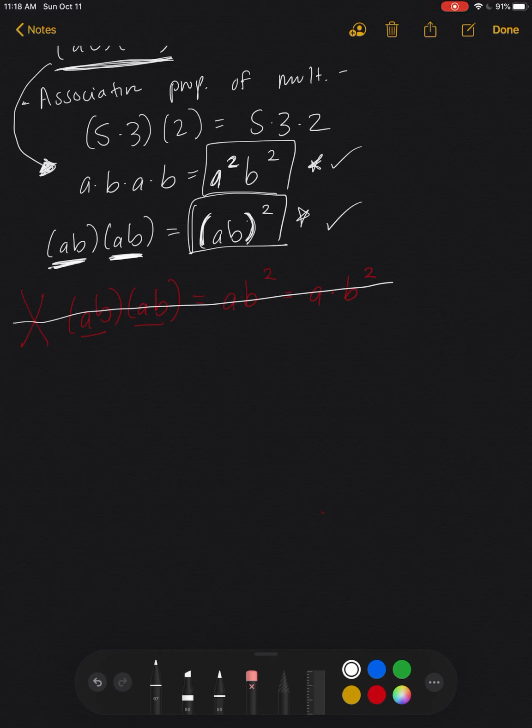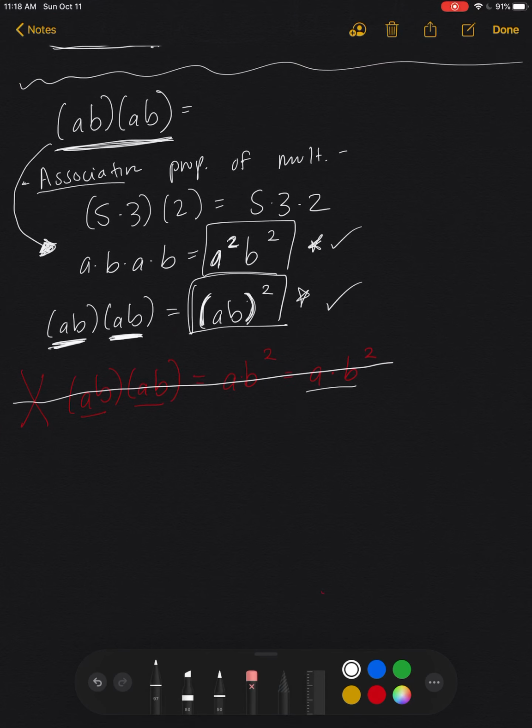Up here you can see it's A squared times B squared. This one is just A times B squared. This is not the same thing. This is the wrong way. So those parentheses, you have to really pay attention to them. That's why sometimes I just like to use the associative property if I'm going to be doing exponents and I've got a lot of things in parentheses multiplied by each other.